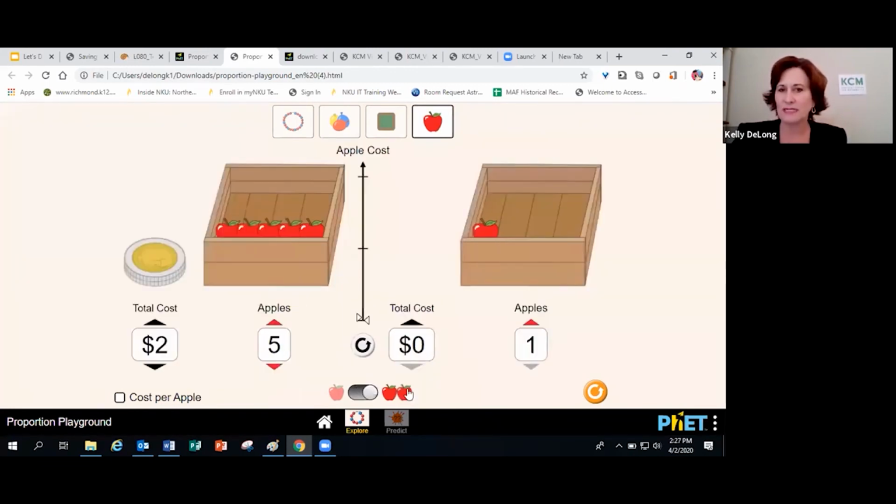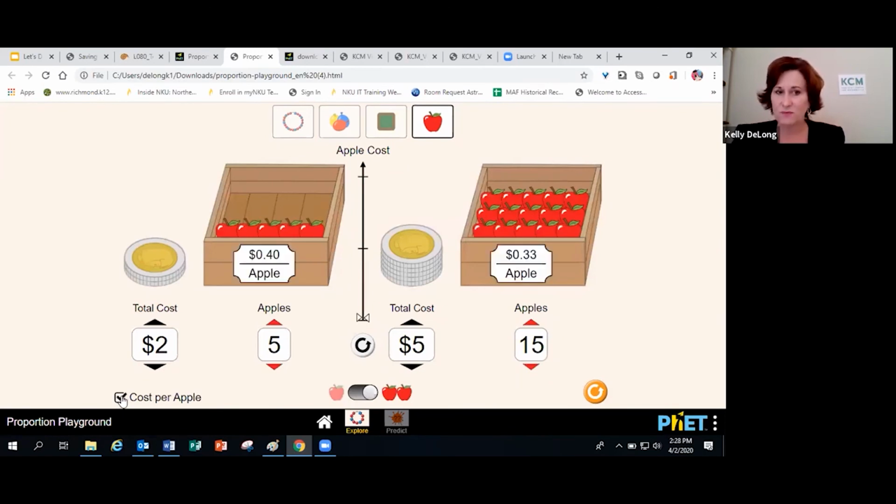So notice as I'm going to click here, a new box comes on. I wonder what if the other one happened to be that it was $4.99 for a bag of apples, but there happened to be 15 apples in there. So I wonder what is the better buy. So I can click this button right here, which is cost per apple, and it actually shows me the cost per apple for the kids.